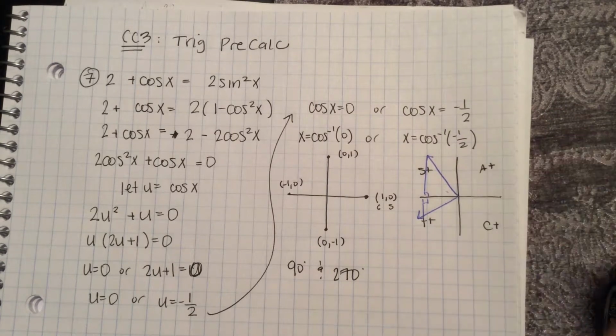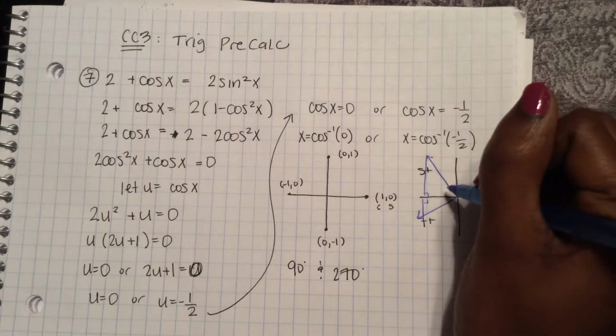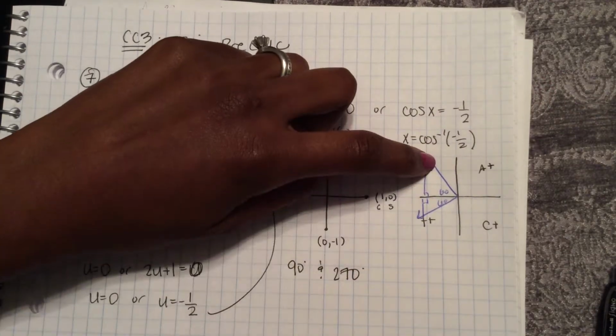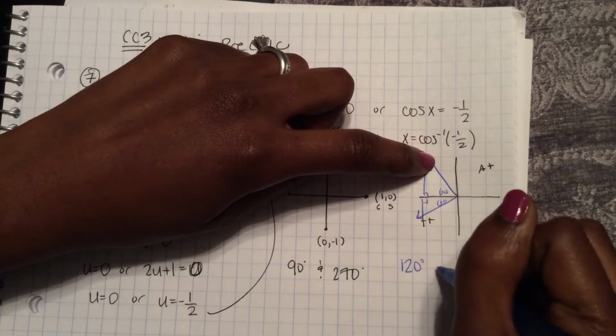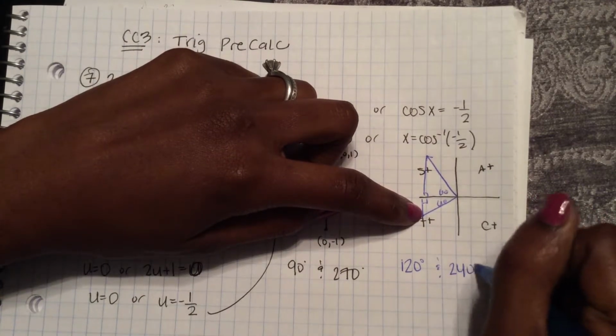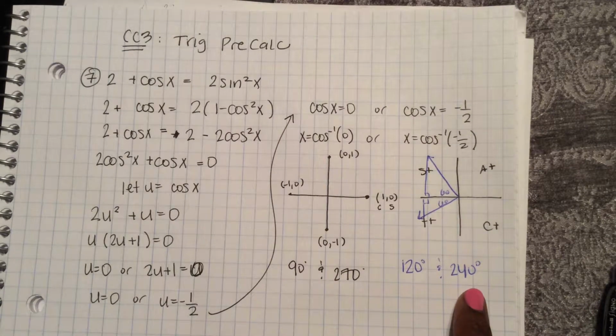What are these possible angles? Where does cosine equal 1/2? Well, I know cosine is 1/2 for 60 degrees. So this angle is 180 minus 60, which is 120, and 180 plus 60 is 240 degrees. So these are our possible x values.